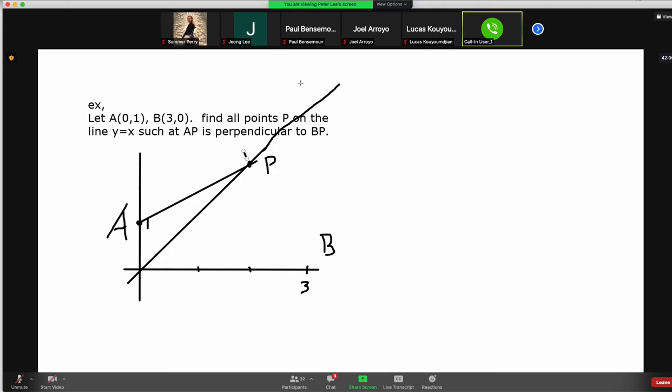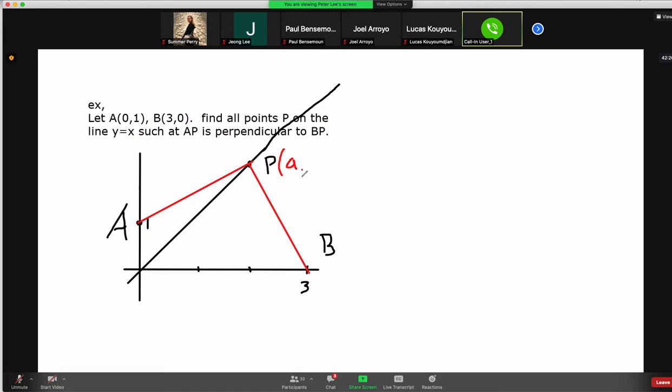This is B. Let me use a red marker here. So let me change it to red. And the AP is this guy. BP is this guy. In this case, what is P? Why don't we let the X coordinate be a, since we don't know?